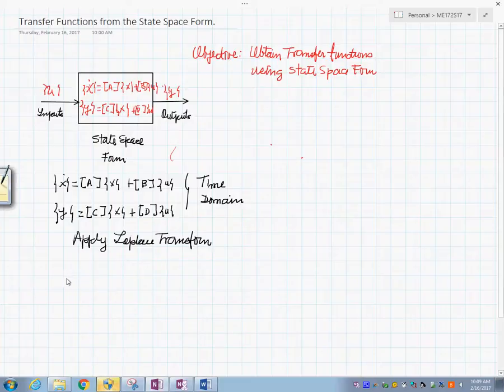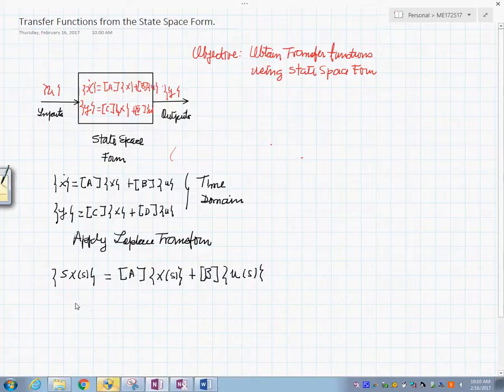And so in here you're going to say this would be s times x of s, vector, equal to the matrix A times the state variable vector, which is x of s, plus the matrix B times the input vector, which would be u of s.